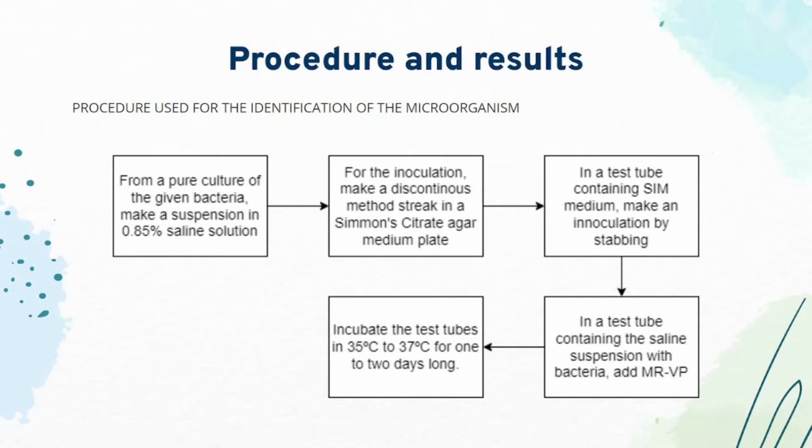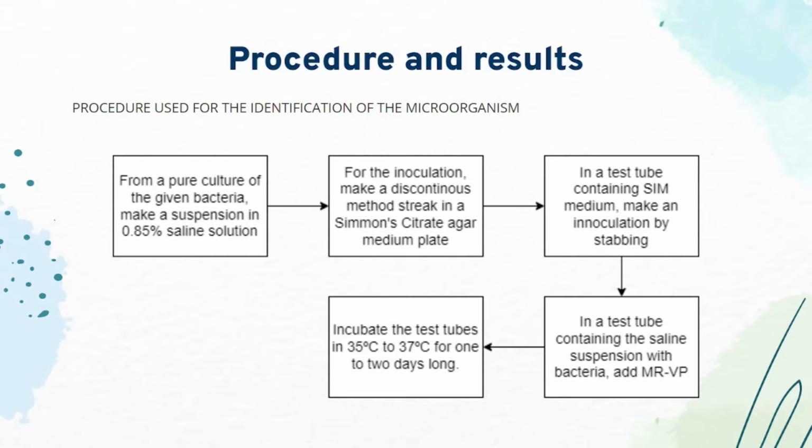We make a discontinuous method strictly in a Simmons citrate agar grid. Then in a test tube containing hydrogen sulfide in motility medium, we make an inoculation by stabbing. Then in a test tube containing the saline suspension, we add methyl red and Voges-Proskauer medium.